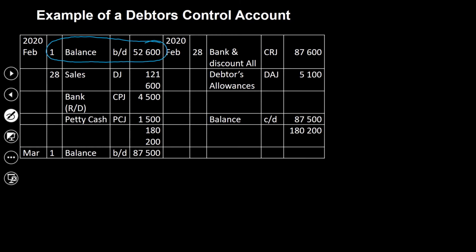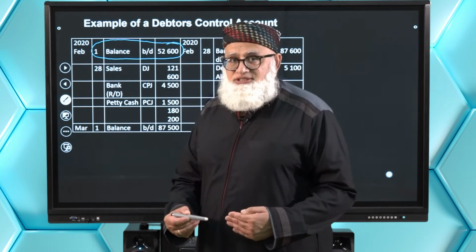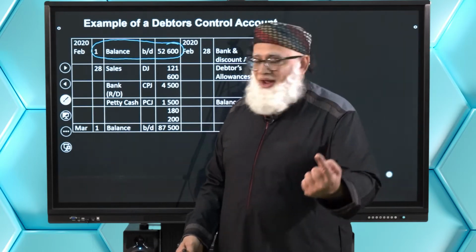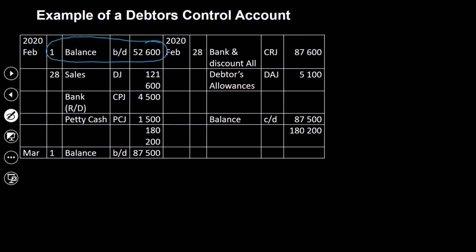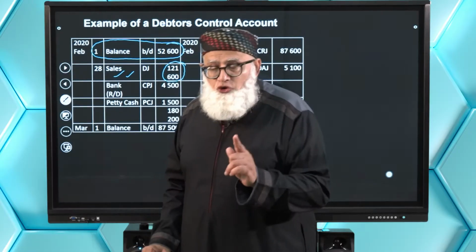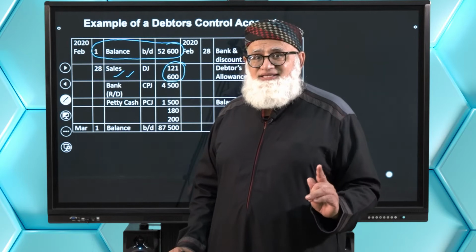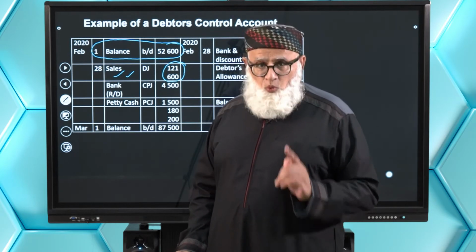Clear? Then obviously, you're going to enter into transactions with your debtors during the month, depending on, one, credit sales of merchandise. We sold goods. Now watch this here. A total of 121,600. Does this figure tell you who you actually sold goods to on credit? And the answer is an emphatic no. Why?